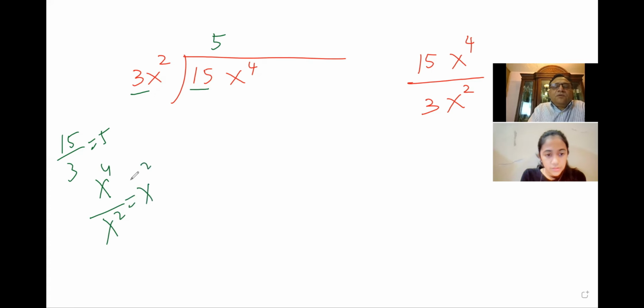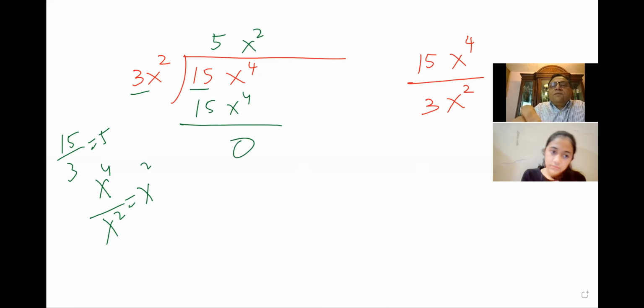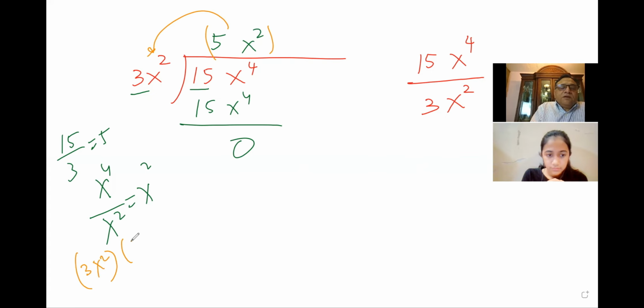And how about x to the power of 4 over x squared? It is x to the power of 2, right? Exponent rules. Is that clear to you? So that is my quotient, and what is the remainder? If I write 15x to the power of 4, I get remainder 0. How did I get 15x to the power of 4? Because I multiplied this term with this term. So I had 3x squared times 5x squared, right? Which gave me 15x to the power of 4, which I wrote here.